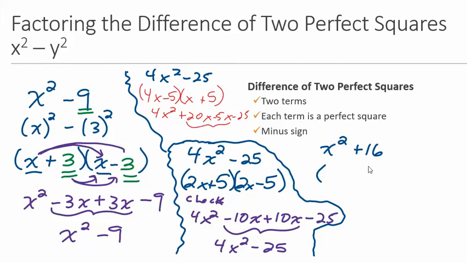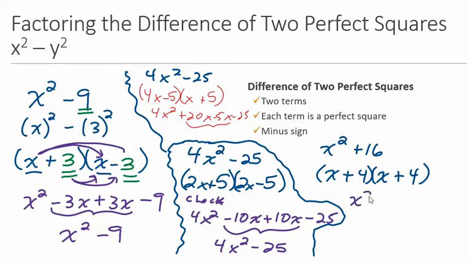Now let's see what would happen if we tried to do this. Let's say we do x and x. Okay, let's say we do 4 and 4 to give 16. Now that's a plus 16, so I have to do a positive times a positive or a negative times a negative. Let's say I do a positive times a positive. Let's check it. All right, let's FOIL this out, or multiply this out.